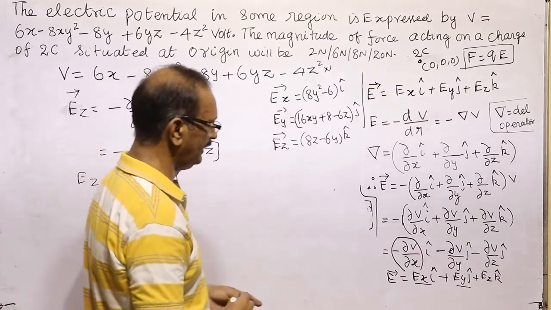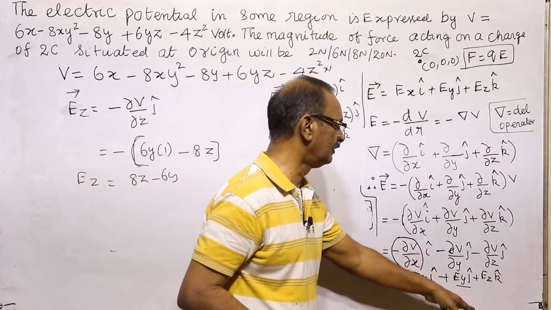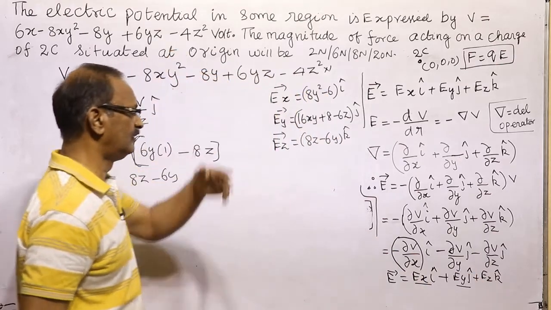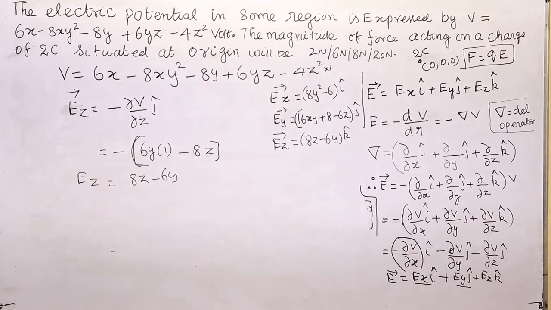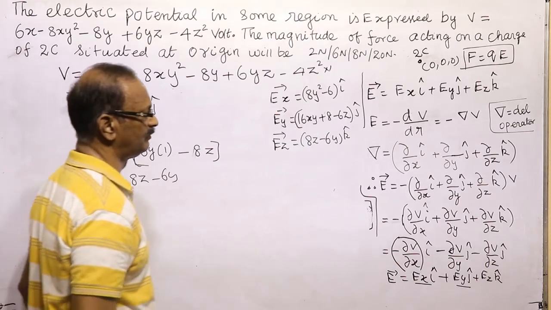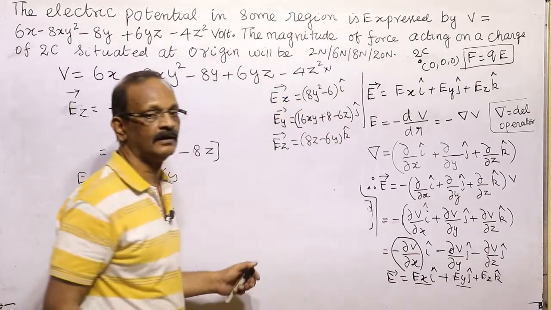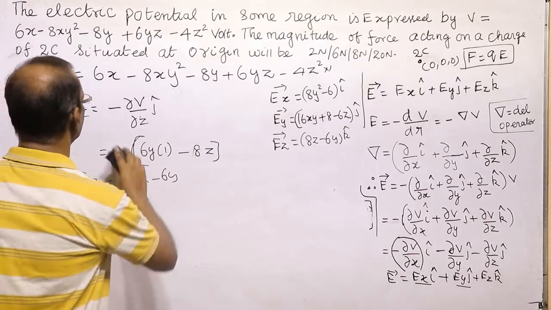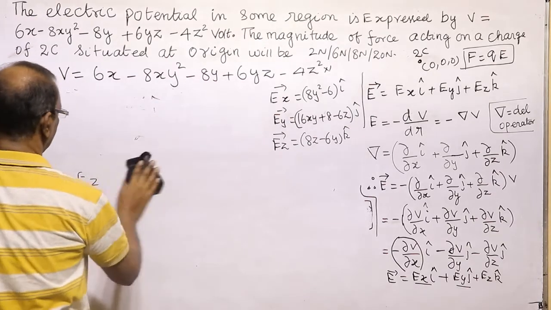So we have found Ex i cap plus Ey j cap plus Ez k cap, which is the net field. The potential has x, y, z components, which means it is in all 3 dimensions. So we can write the net electric field, which is asked at the origin.